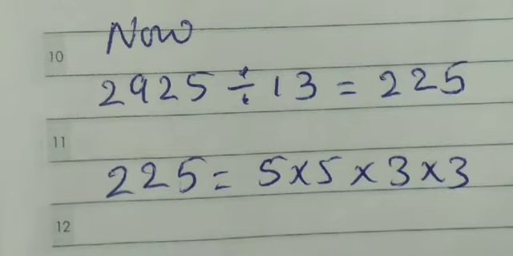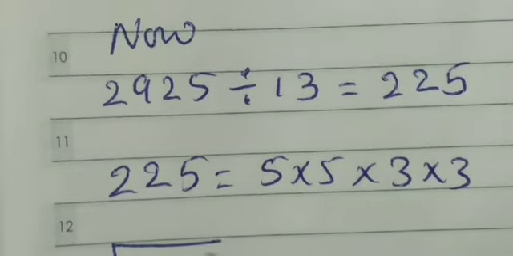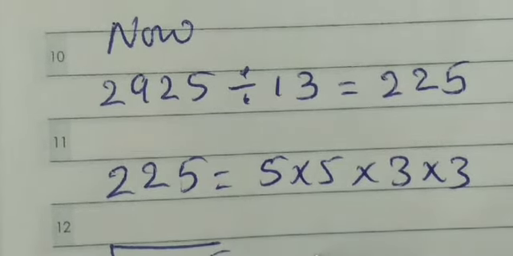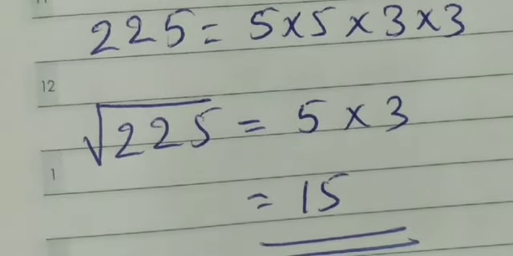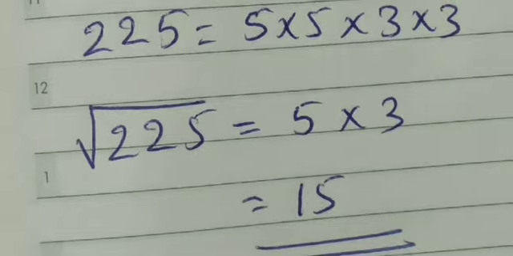So you have the pairs, write it symbolically. The square root of 225 is 15. Answer is 15. Is that clear? So this is your answer. Isn't it easy? It's very easy.